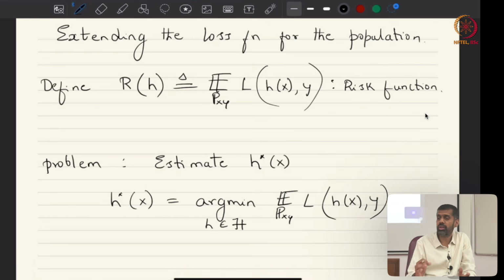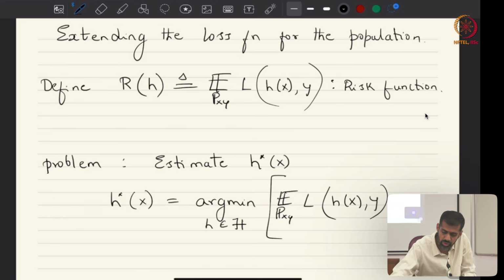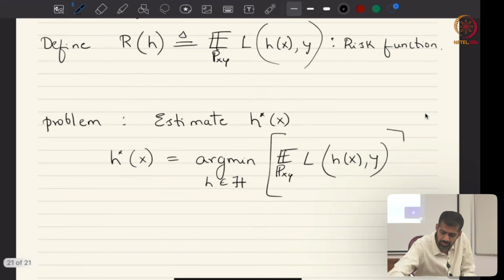So amongst all possible functions that can map x to y, give me the one that minimizes the expected loss, and the expectation is taken over the joint distribution of the random variables that we have. Does that make sense? This formulation is what is famously referred to as the risk minimization framework.